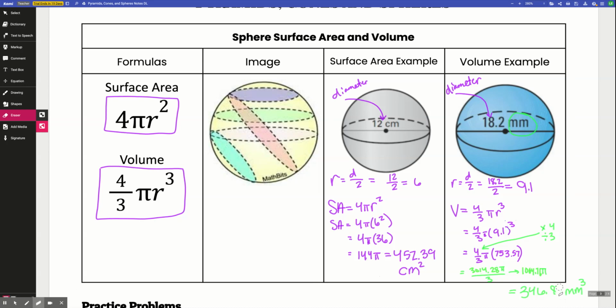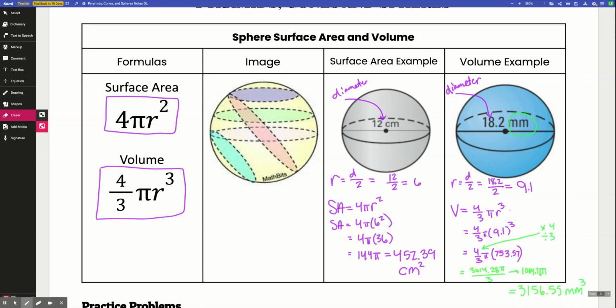I wondered when I got to the end, I was like, that number seems a little bit too small. It's because Miss E squared her radius instead of cubing it, which is exactly the mistake that I wanted to point out to you that a lot of people make when they're doing surface area and volume problems, right? They forget to cube the radius.